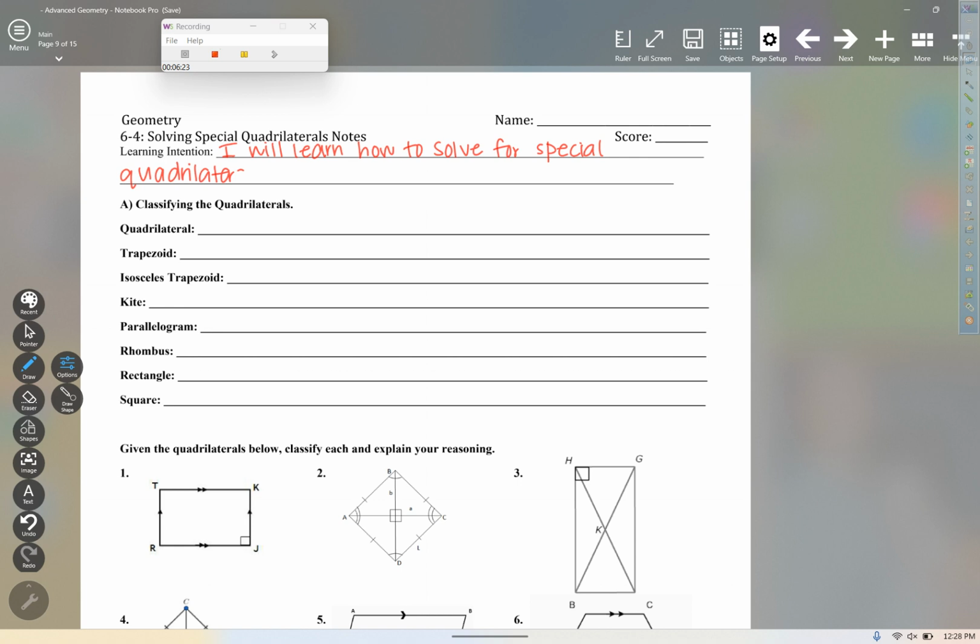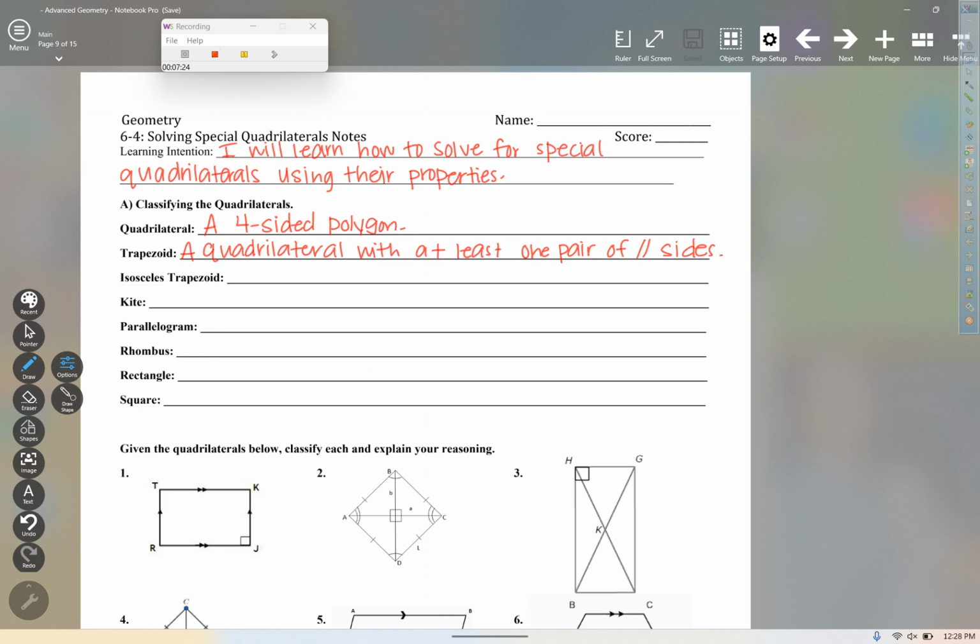Awesome. A trapezoid. A trapezoid is a quadrilateral with at least one pair of parallel sides. And you can say that in your own words too, if you would like to. Okay.